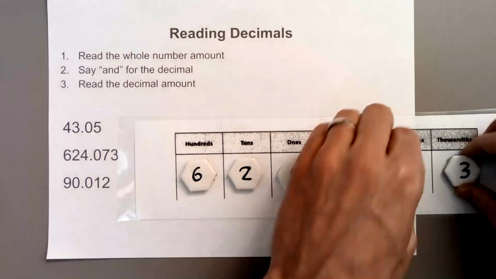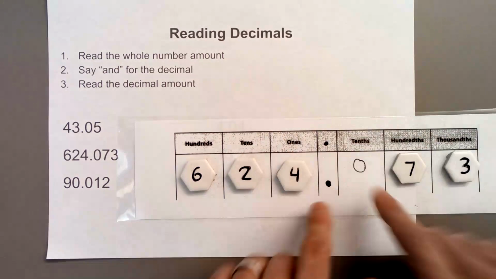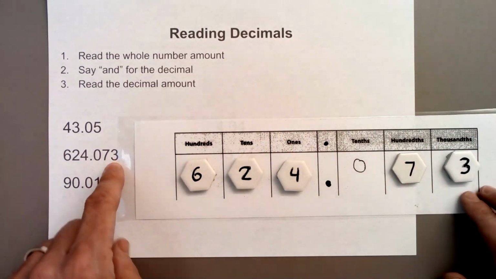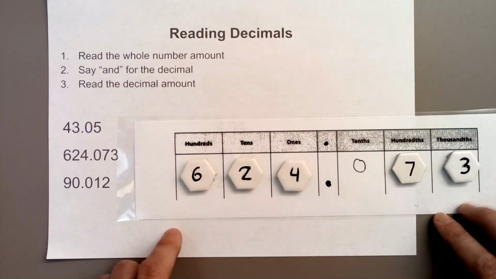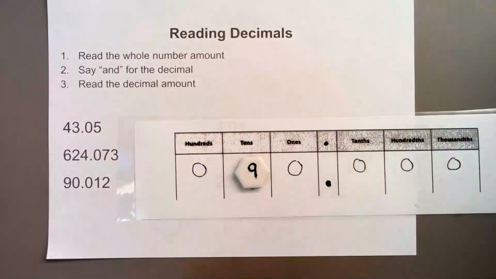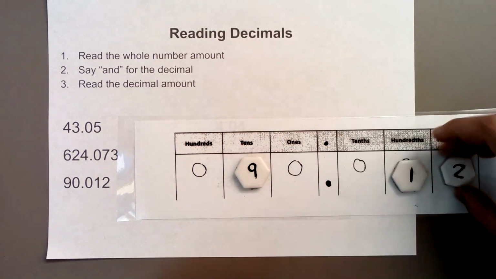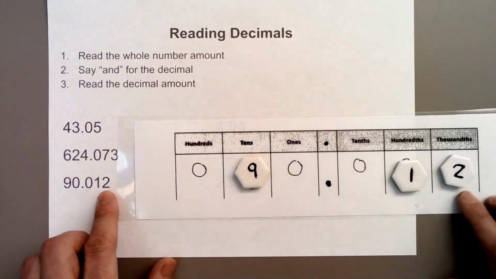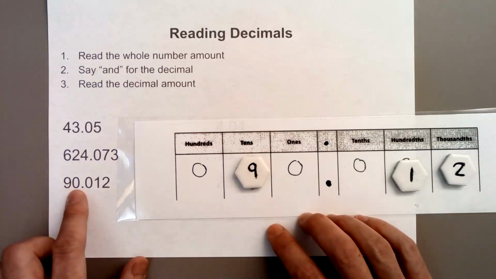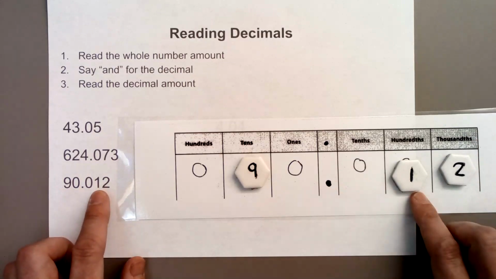It's not 73 hundredths because there's a 0, then the 73. That 3 is in the thousandths place, so we need to say 73 thousandths. Okay, one more here. Again, that 2 is in the thousandths place, so that's the last word we're going to say. 90 and 12 thousandths.